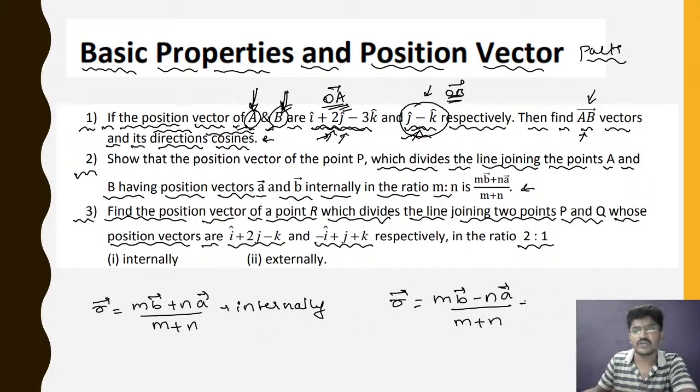So these are the two formulas for internal and external division. If you use these two formulas, you will get your required result. So please be careful while using these formulas. Here the first vector will be vector A, the second vector will be vector B.